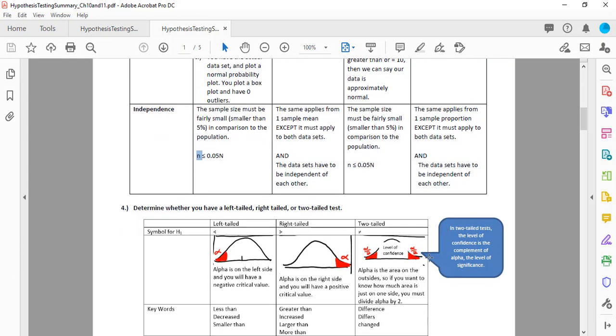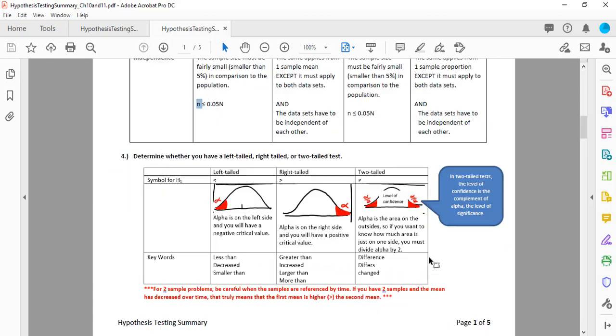Once you've verified your assumptions, we need to determine what type of tailed test we have. And your keywords are what you're going to pay attention to. So less than, decreased, or smaller than means you have a left-tailed test. The symbol that you're going to use in your alternative hypothesis is less than. And when you're graphing this for the classical approach, this tells you that alpha is on your left-hand side.